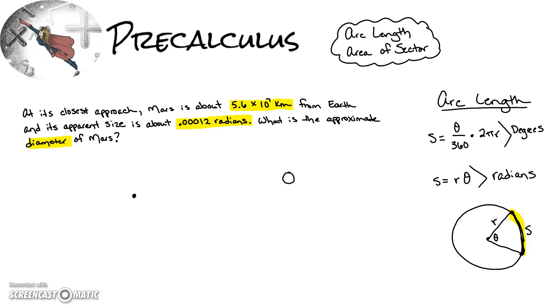The apparent size that they're talking about, our eye can see the shape of Mars, and if we were actually able to measure the distance from the top to the bottom of that tiny Mars in the sky, that's its apparent size, which, since it's measured in radians, that's kind of easy to remember that it's this angle right here, 0.00012.